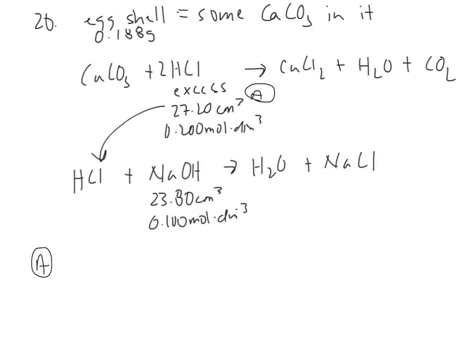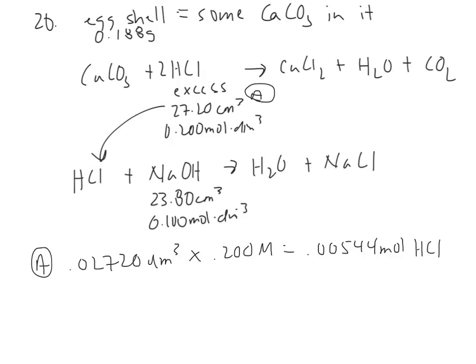So this one's pretty easy. I've got really 0.02720 decimeters cubed at a strength of 0.200 moles per decimeter cubed. So my original moles is 0.00544 moles of HCl. Now that's more than what I needed to react with the CaCO3. So I can't just use this number and calculate my calcium carbonate. Instead, I have to go on to part B, where they tell me that 23.8 centimeters cubed of 0.1 molar NaOH was used to consume all of that.